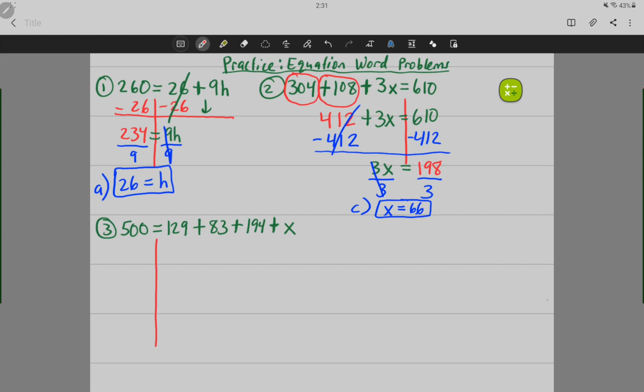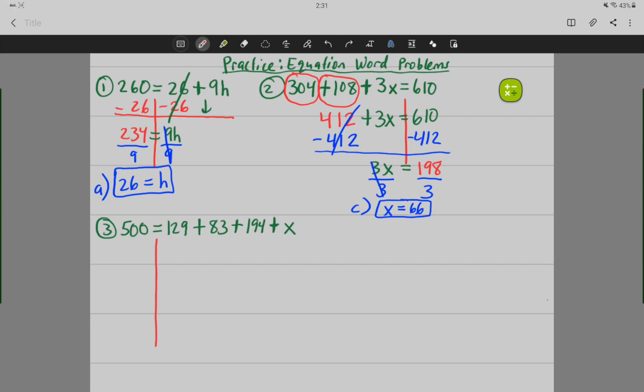And this problem is a little bit similar to question 2, where we have several terms on one side. This time we actually have 1, 2, 3, 4 terms. Right? So anytime you have more than 2 terms on one side, what you want to do is to try to see if you can combine the like terms.